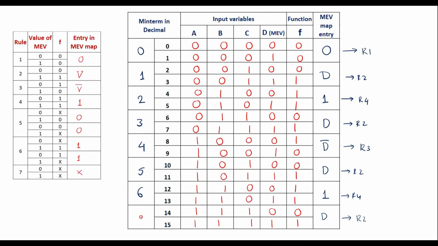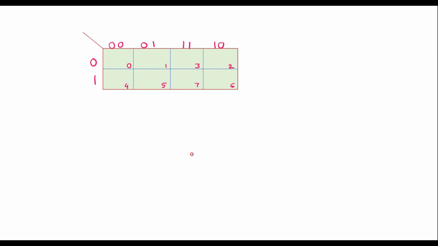Here also 1 1 1, that is 7. Though in given function there are 4 variables, but in MEV K-map we are supposed to use only 3 variable K-map. In that we are supposed to enter these all variables. So consider this as a 3 variable MEV map. Let this be A, this is BC variable.